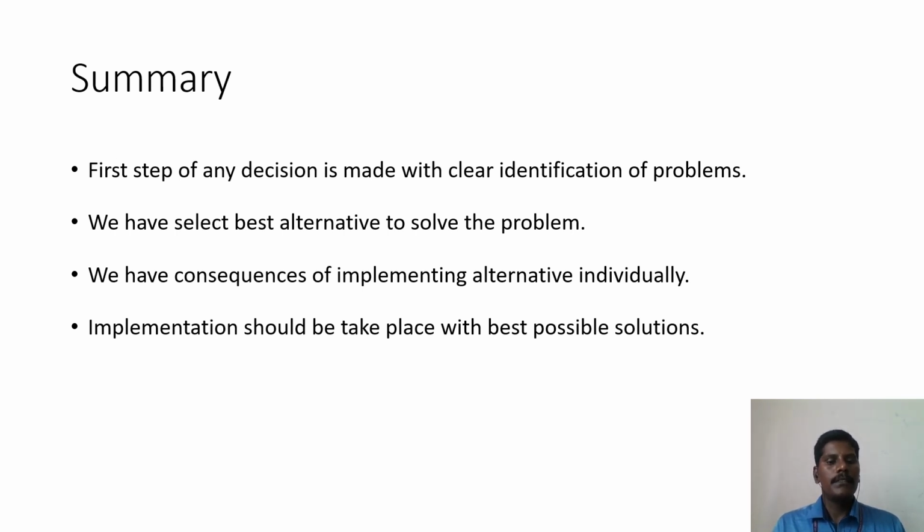The next thing is, after selecting the alternative, we need to implement it and observe the consequences and the positives of the implementation. If any consequences are faced, they will be resolved with the implementation of new plans or strategies.